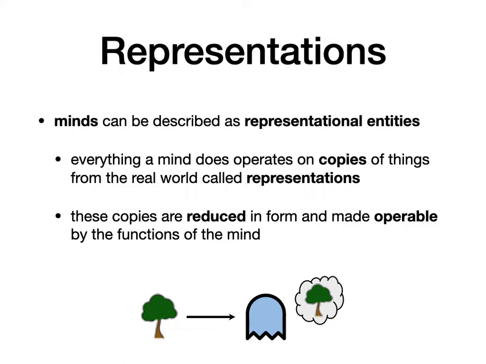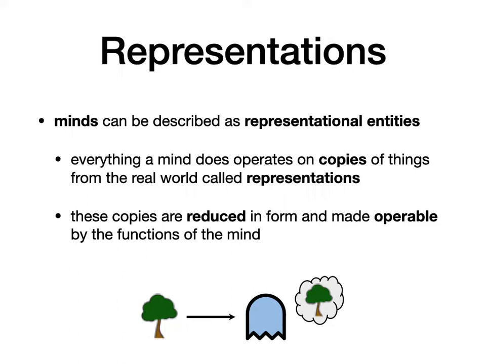So, representations. Minds could be described as representational entities. This may be the best shorthand way to talk about a mind. We've talked about a few different definitions here, but we already know they're abstract, and the idea is that a mind really functions at the level of this representation. Everything the mind does operates on copies of things from the real world that we're calling representations.